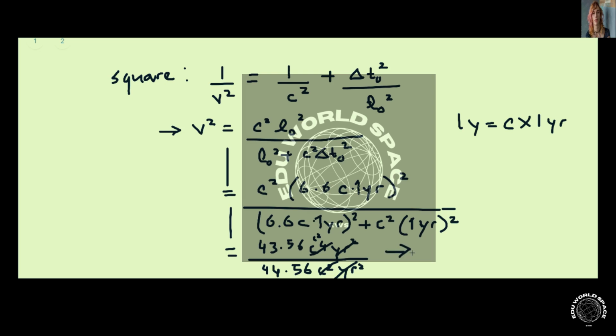And so this gives you v squared equals 0.978 c squared. And so your velocity, you take the square root of that, is 0.9887 times the speed of light, which is really, really fast.